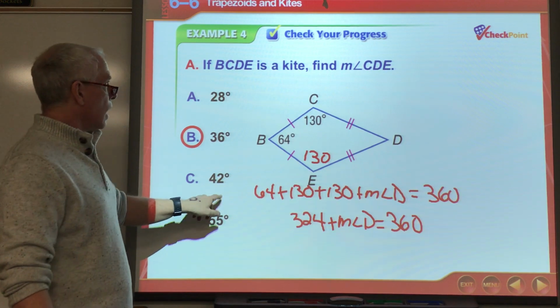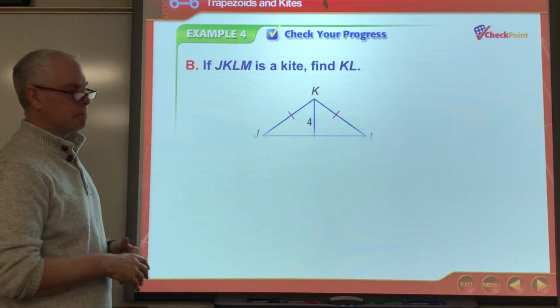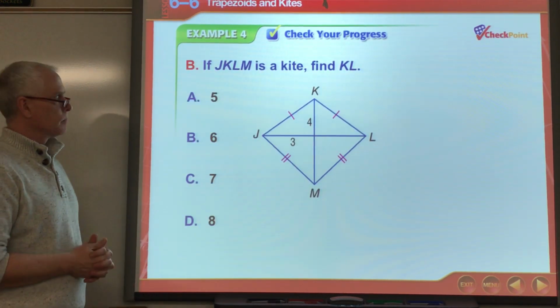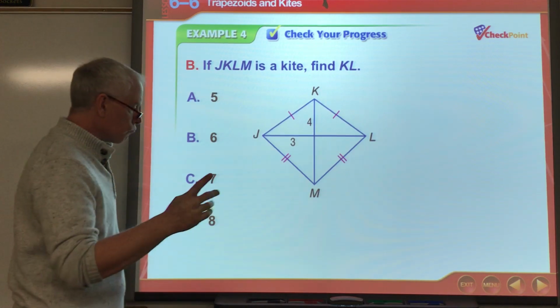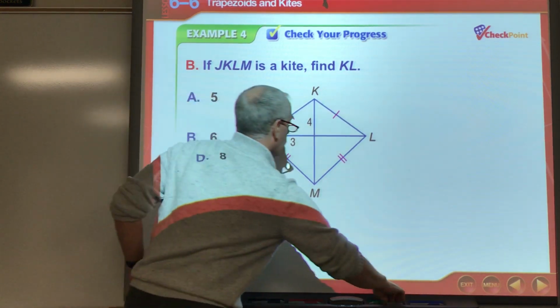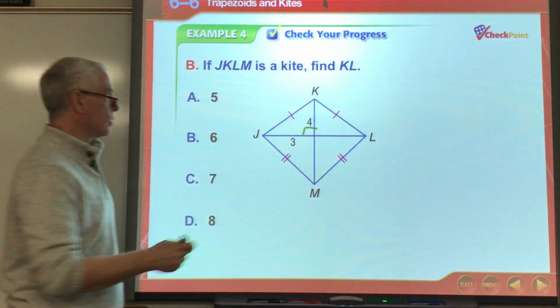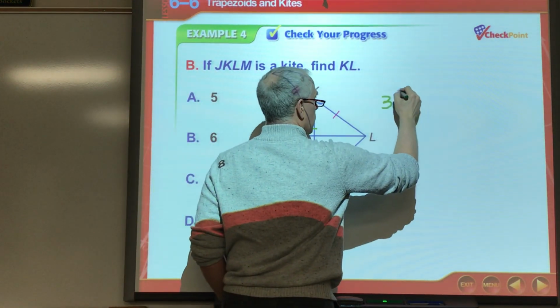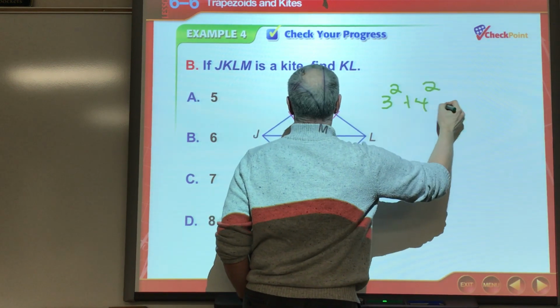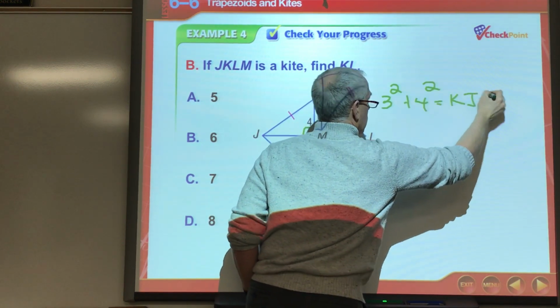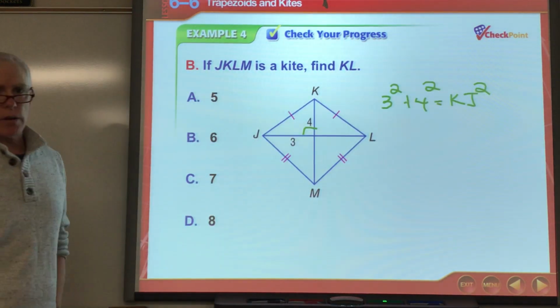Okay? All right. Pause the video again. Try this one. I'm looking for KL. Okay, so remember that in a kite, the diagonals are perpendicular. So I'm able to say that 3 squared plus 4 squared equals KJ squared using the Pythagorean theorem.